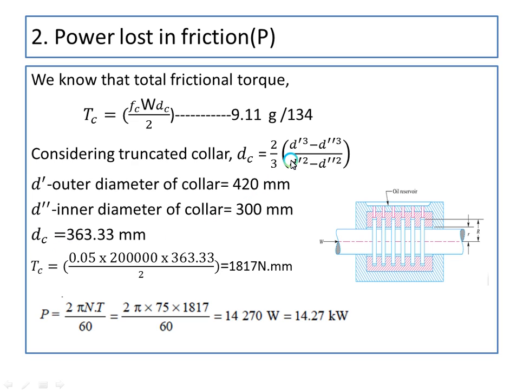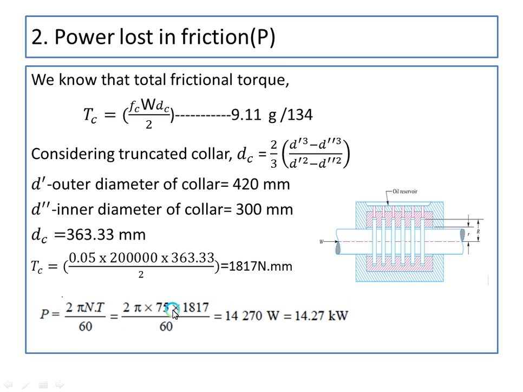If I substitute d dash and d double dash, you will get dc as 363.33 mm, where in this case Tc after substitution you will get as 1817 Newton millimeter, in terms of SI units.